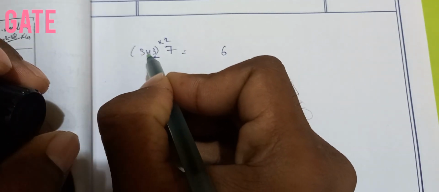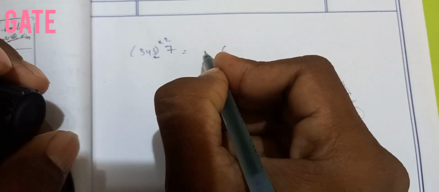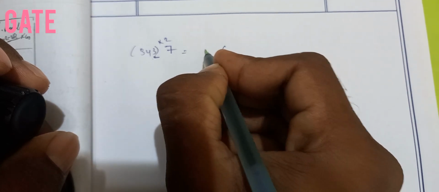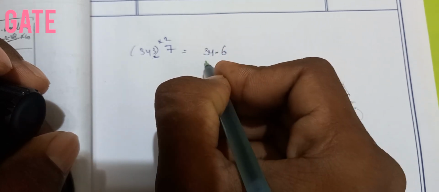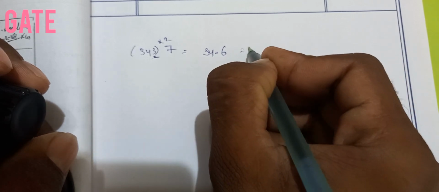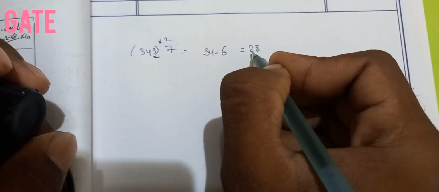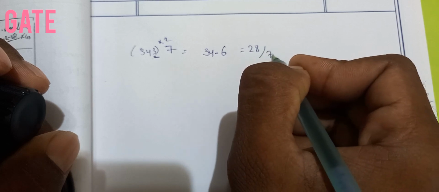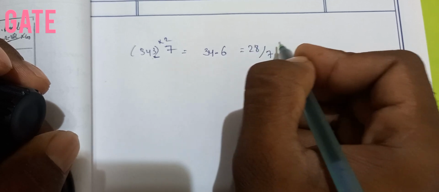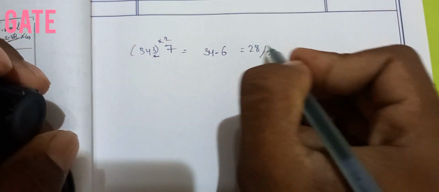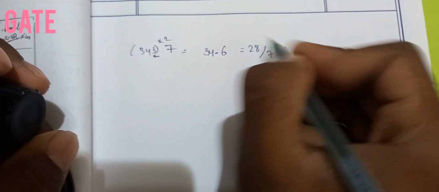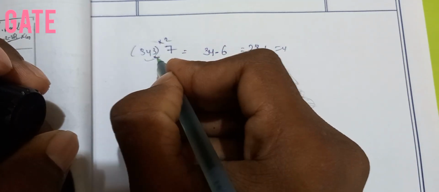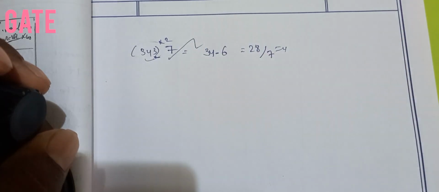The remaining two digits, we need to subtract 6 from them. 34 minus 6 is 28. Then we need to see whether 28 is divisible by 7 or not. Yes, it is divisible. 7 fours are 28. So the entire number is divisible by 7.